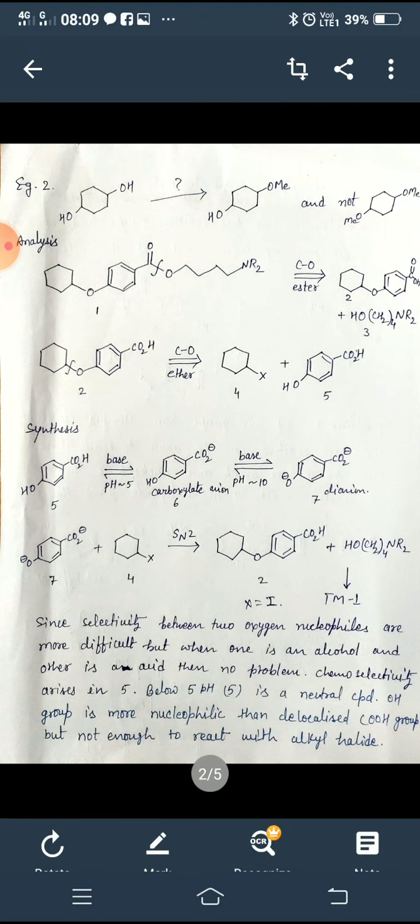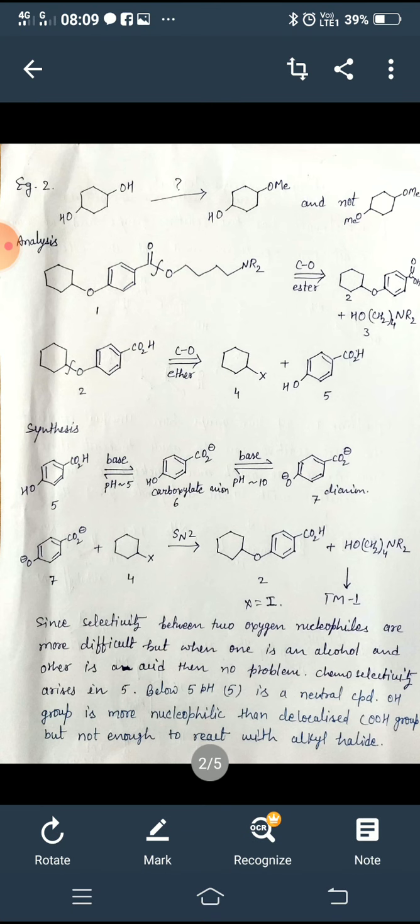So first of all we will disconnect this C-O bond of the ester, then we get the carboxylic acid group and amino alcohol.